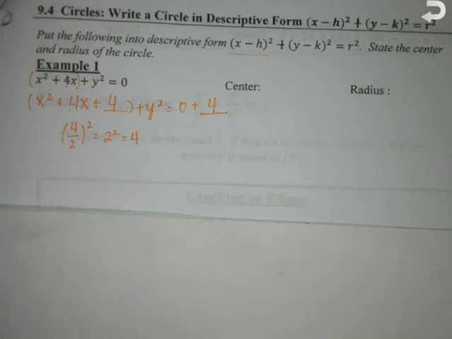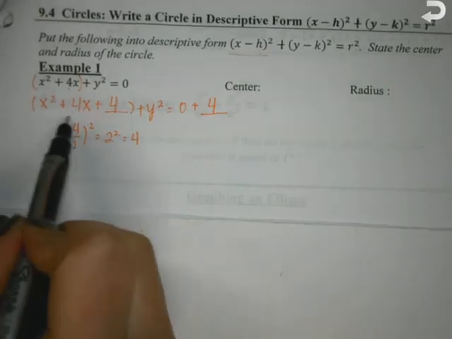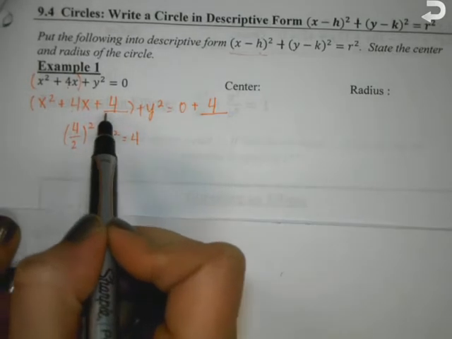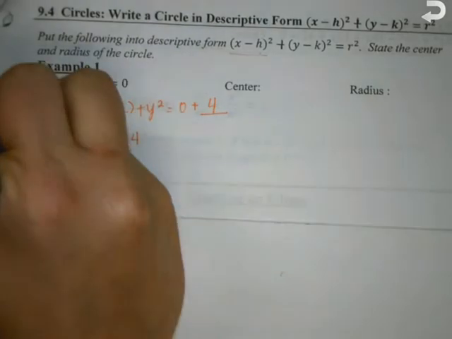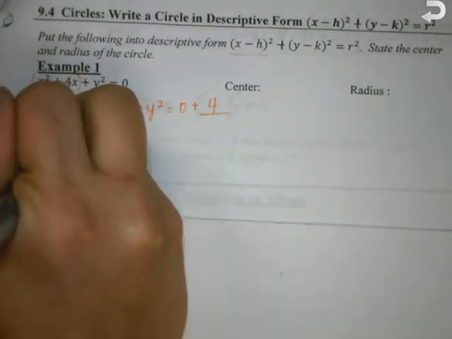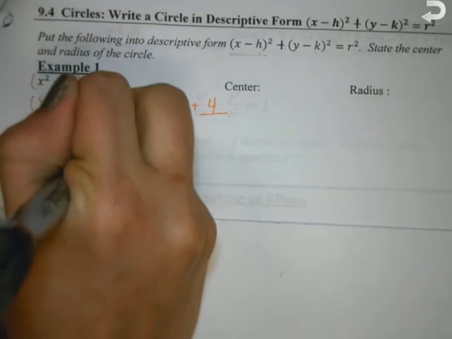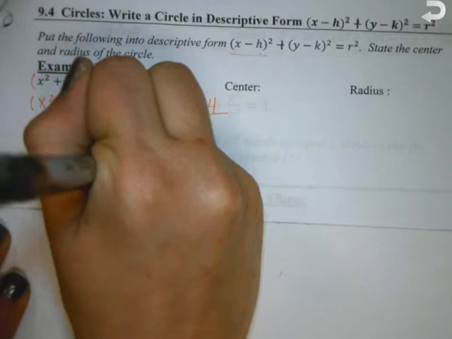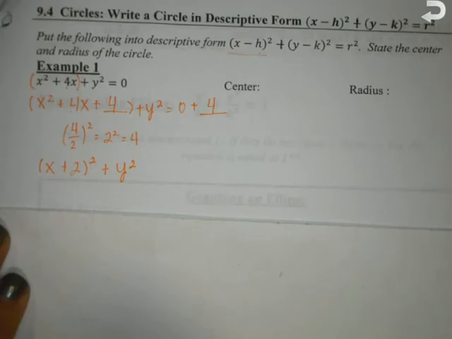Okay, looking at this thing right here, this is now a perfect square trinomial. How could we factor it? 2 and 2, so we could say x plus 2 squared, right? Plus y squared equals what? 4.